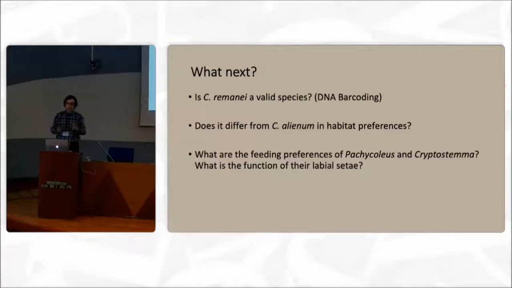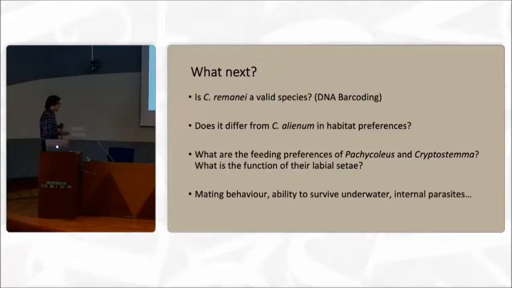And in the course of doing that, we hope to enlighten what is the function of the crazy labial setae of Cryptostemma. And if it's possible, we would like to have a look at many other things, like mating behavior, which we expect to be really crazy, the ability to survive underwater, how they even overwinter, and internal parasites like the trypanosomatids, whether there are some.